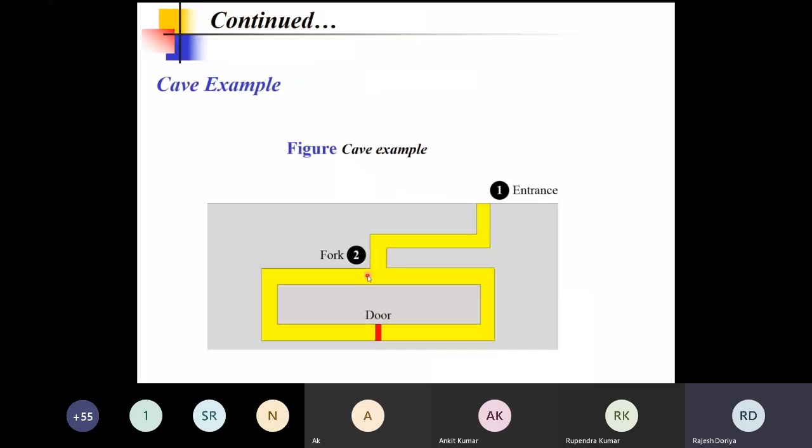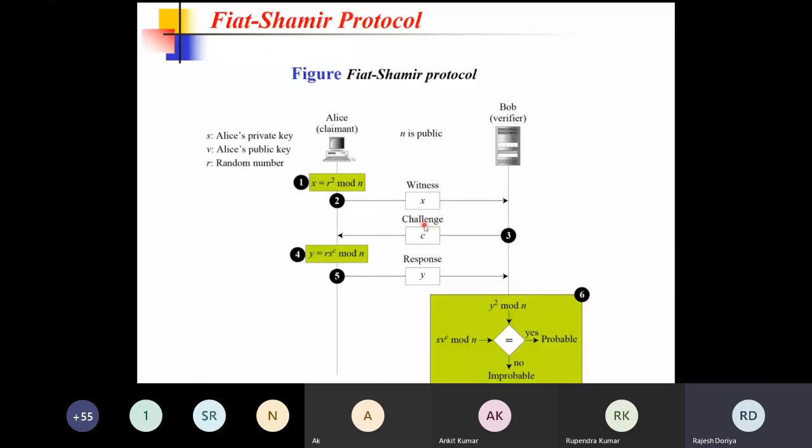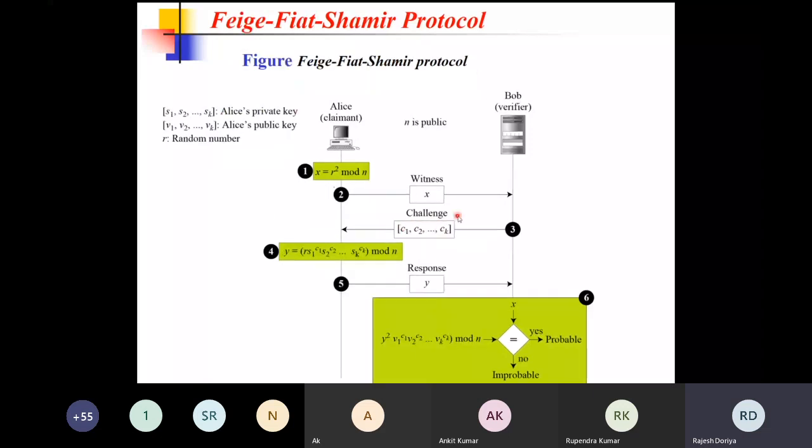So over here, rather than using a single set of values, we are using two vectors. We use a number of challenges along with a number of private keys and public keys.